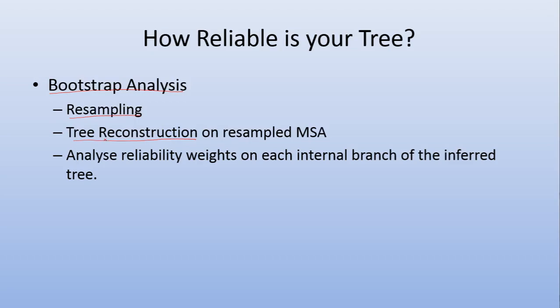At the end of this step you assign reliability weights to each internal branch of the inferred tree, and based on these reliability weights you can decide which part of your tree is more reliable as compared to others.